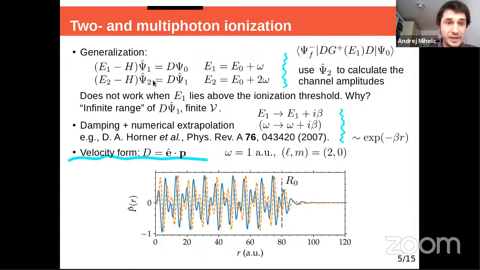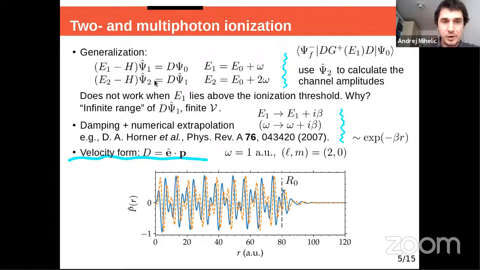So we calculate the second order solution by using the first order solution as the driving term for this second equation. And in the same way as before, we can calculate the two-photon ionization amplitudes by analyzing the second order solution in terms of channel functions again.